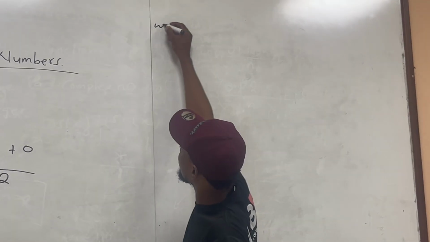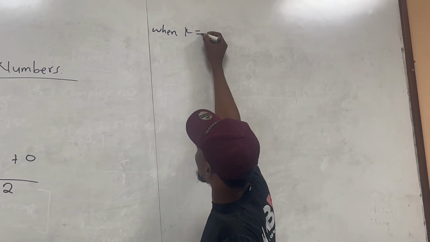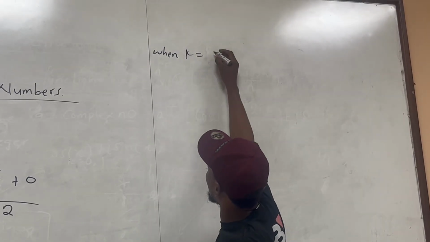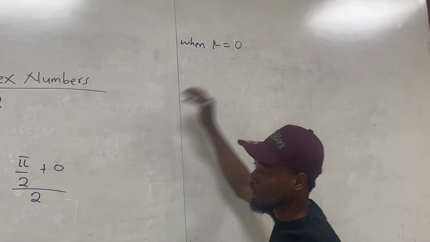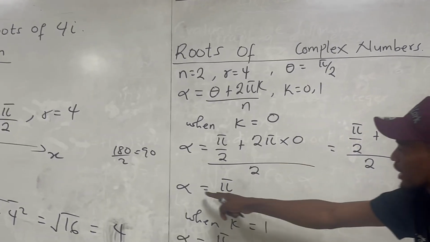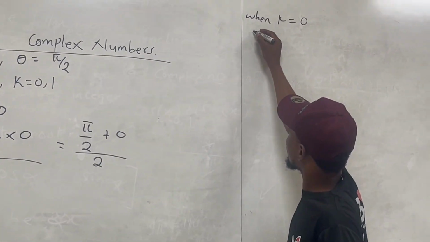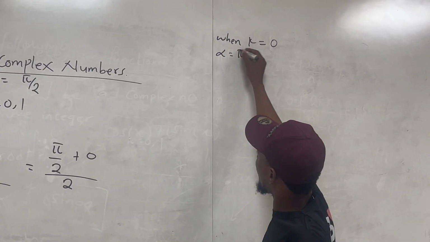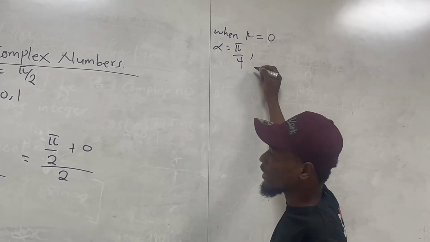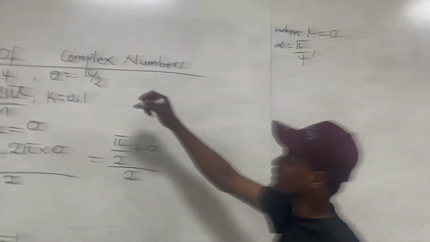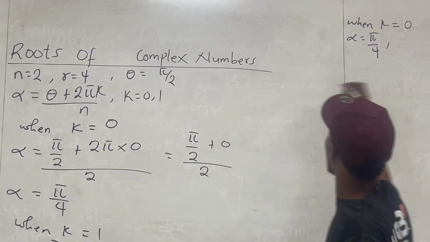Say when k is equal to 0, from here we said the angle alpha is equal to pi on 4. We already know that n is equal to 2, and r is equal to 4.